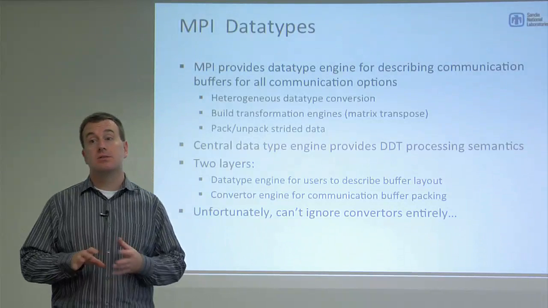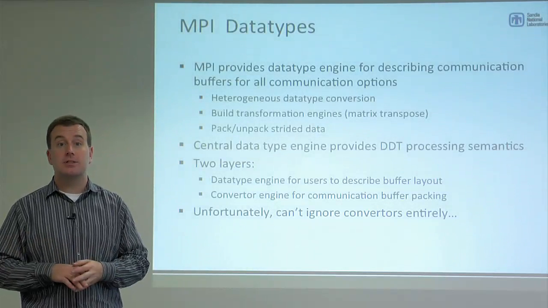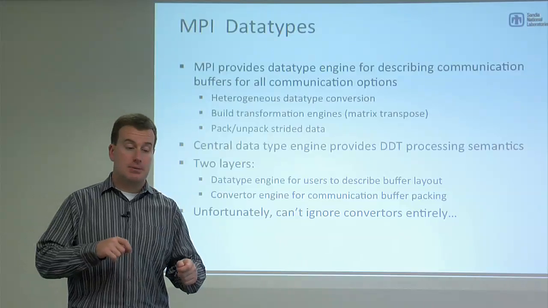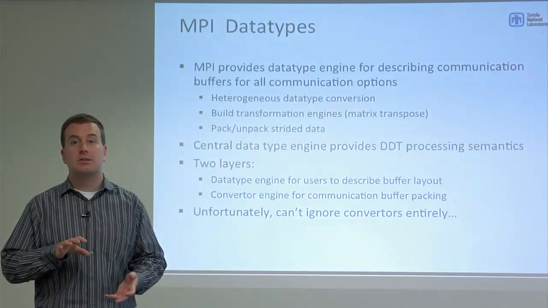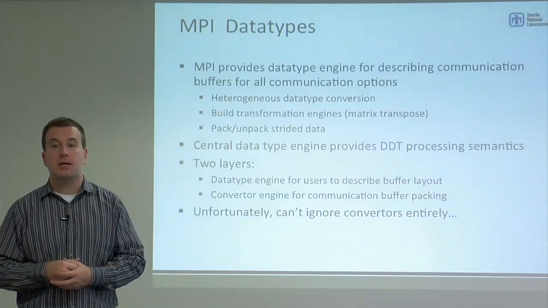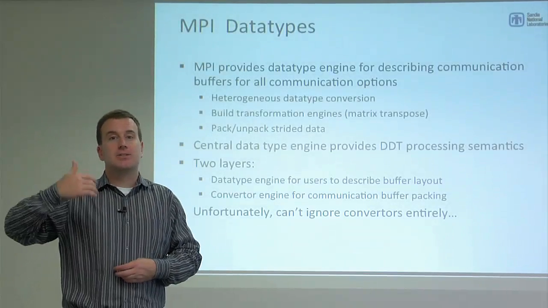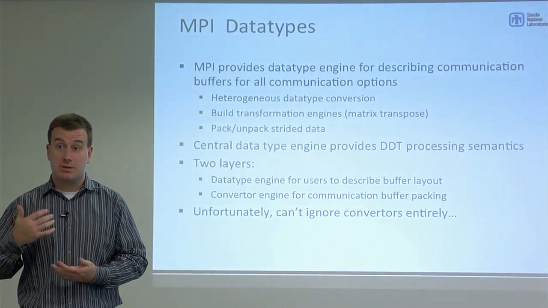With TCP, generally, when you call the send function, you give it a pointer and a length. You can also use IOVECs and send a bunch of pointers and lengths, right? MPI takes that to the next level and has a complicated data type engine that allows you to describe exactly what you want sent.